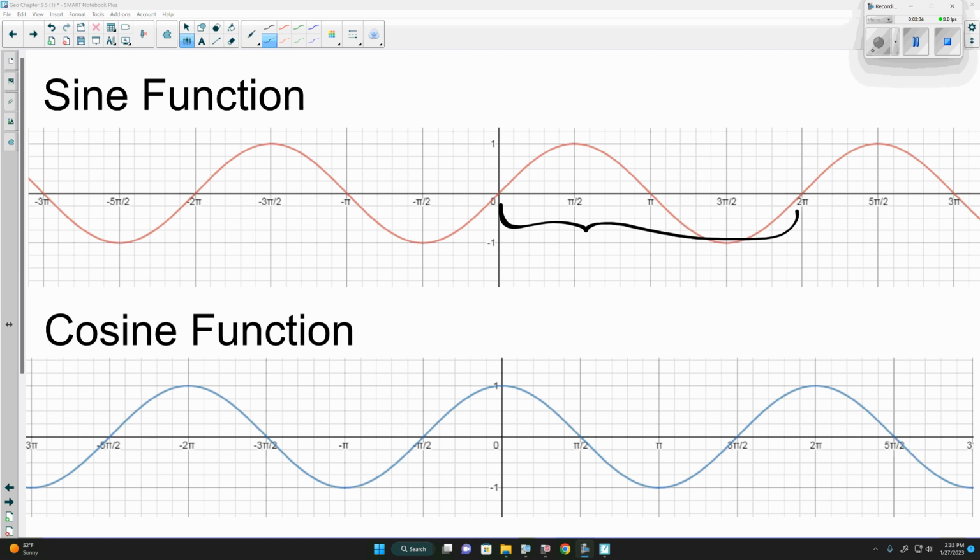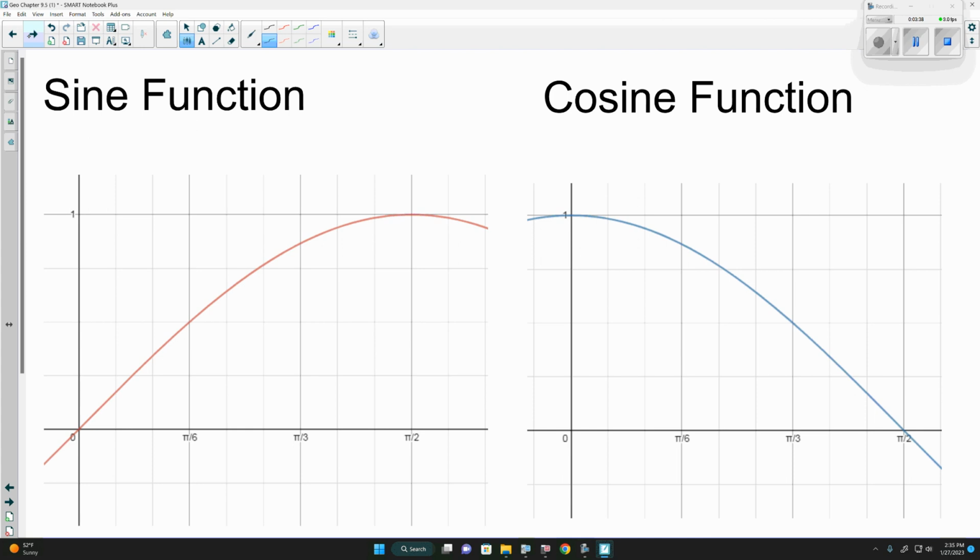Now, specifically for sine and cosine, we're only really going to look at the functions on the interval of 0 to pi over 2, or really 0 to 90 degrees, because we're only looking at sine and cosine in a right triangle, at least for this chapter. So the angles are going to be between 0 degrees and 90 degrees.